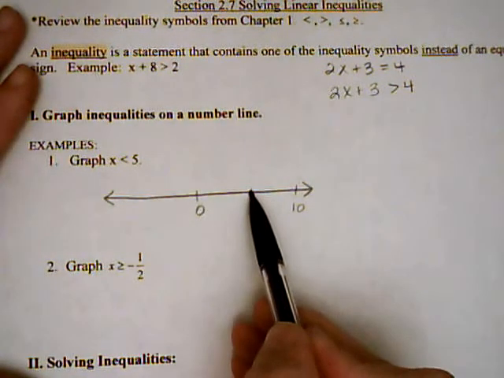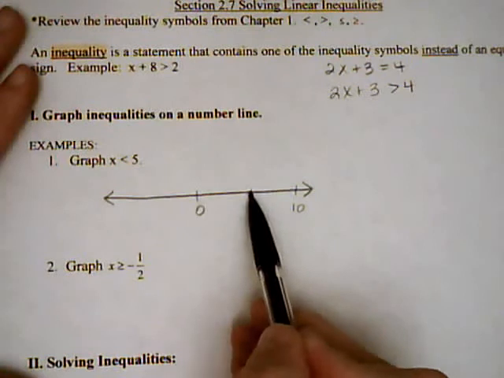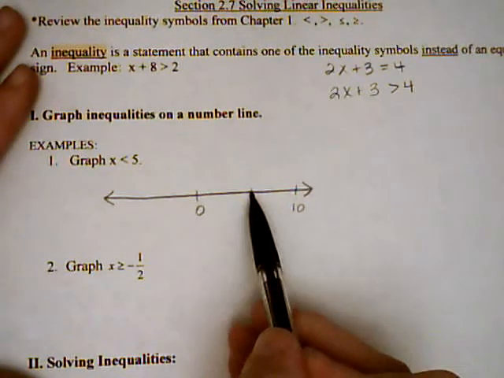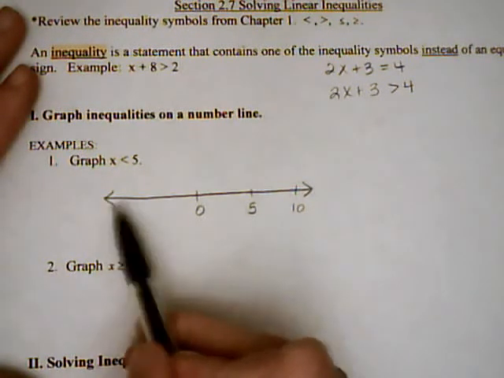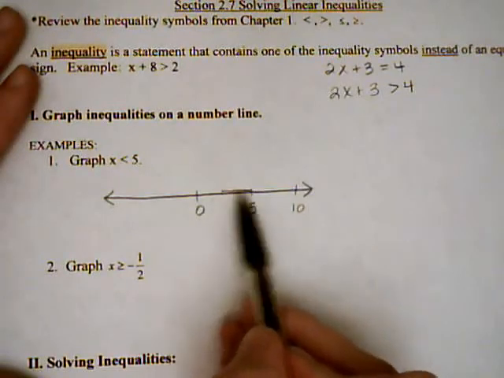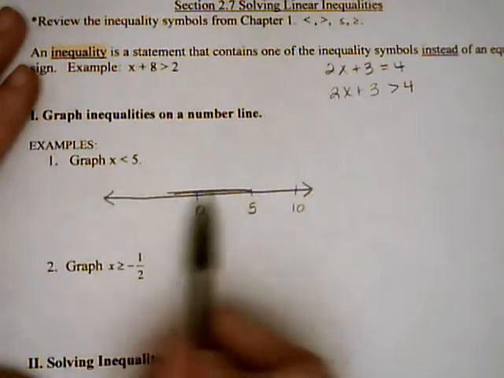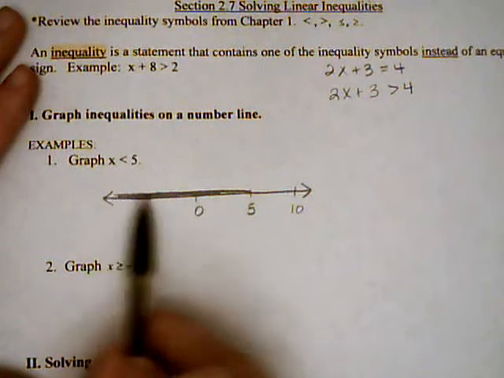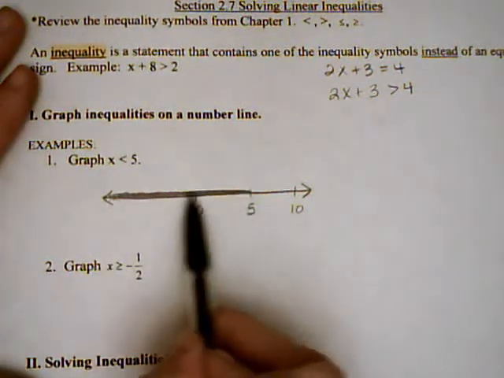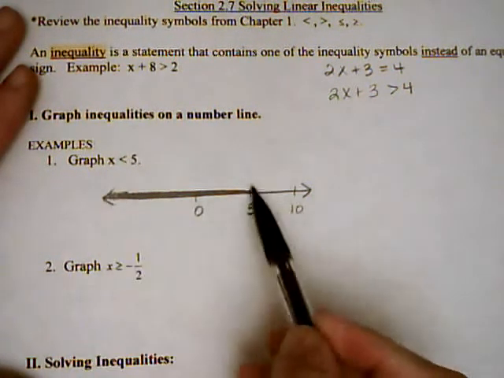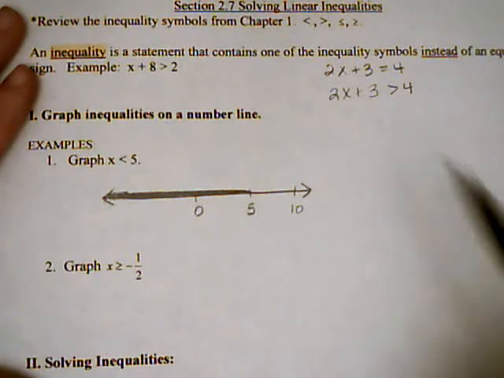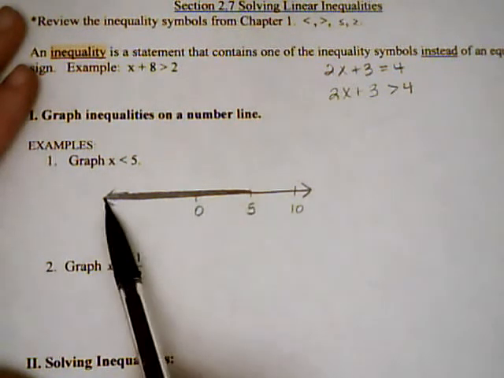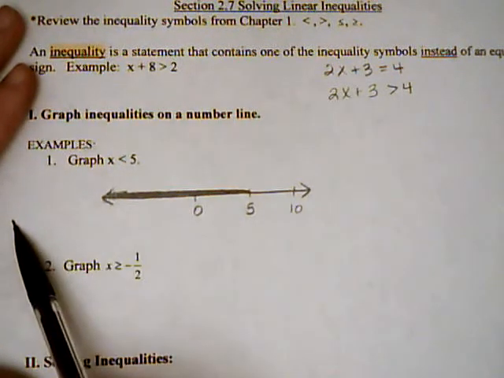Which way do I shade, to the right or to the left? Less than would be everything to the left of 5 on the number line. You shade all the way to the end to indicate that there are infinitely many numbers less than 5. It doesn't just stop here, it continues.